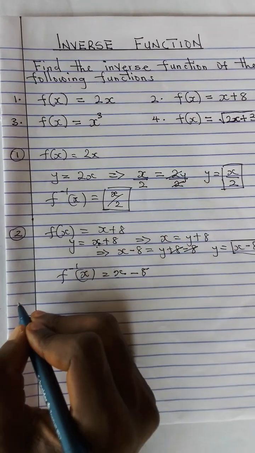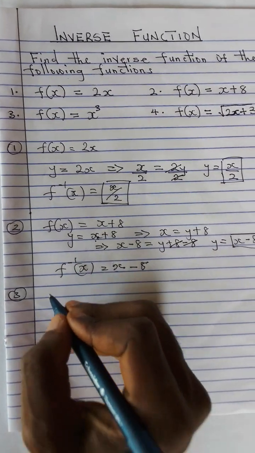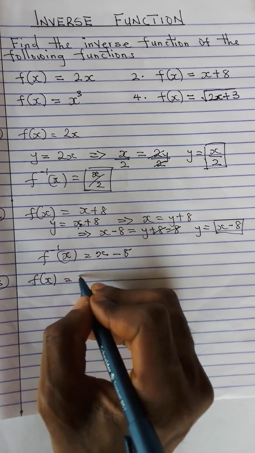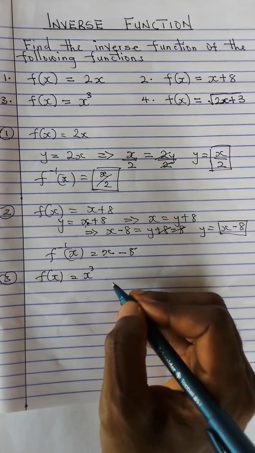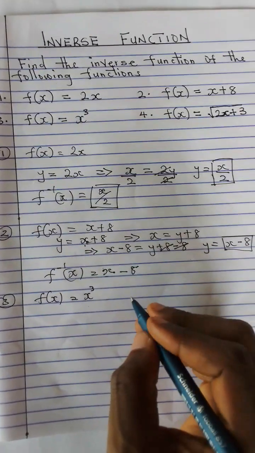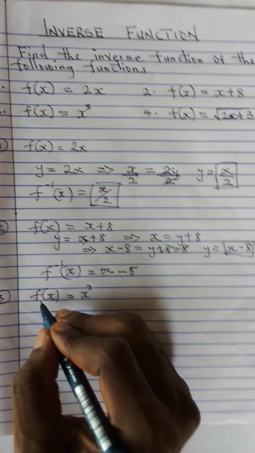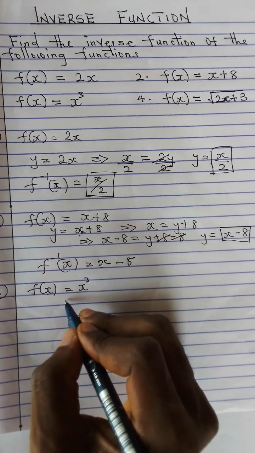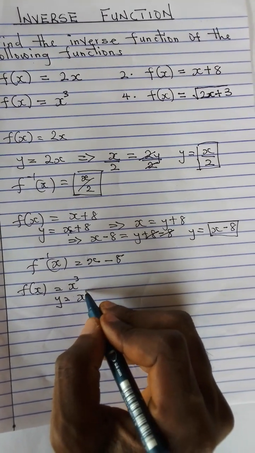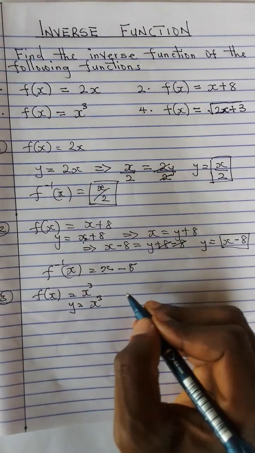Now question number 3, f of x is equal to x raised to power 3. What is the inverse function? Now we'll replace f of x by what? y. y equal to x raised to power 3.